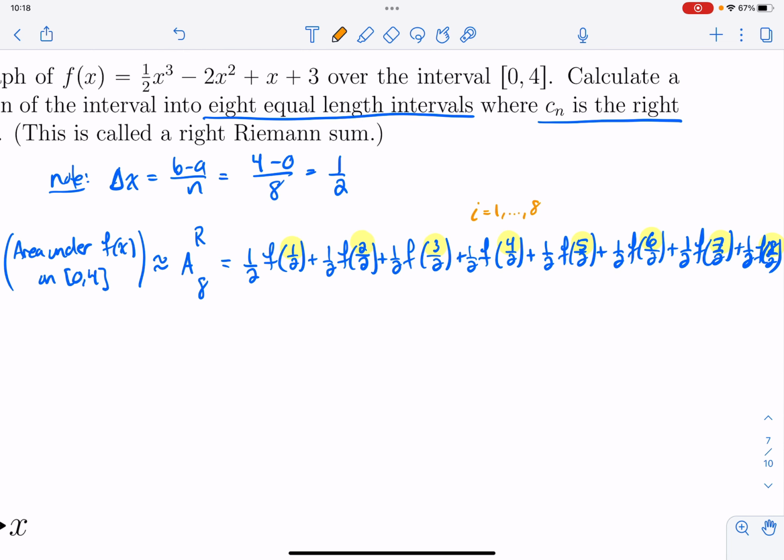So instead, I'm going to write this as the sum, as the index goes from 1 to 8, of f of I over 2 times delta x, which is 1/2.